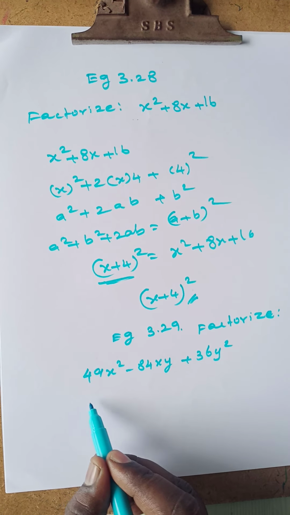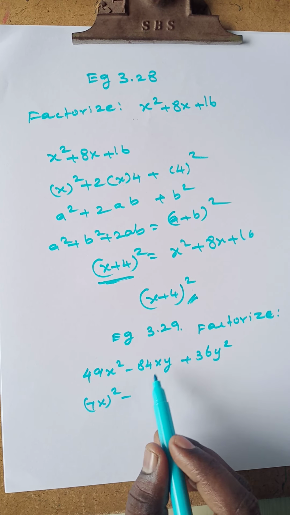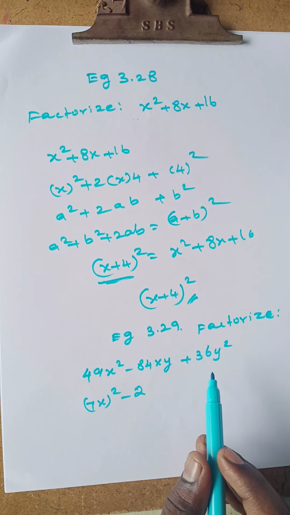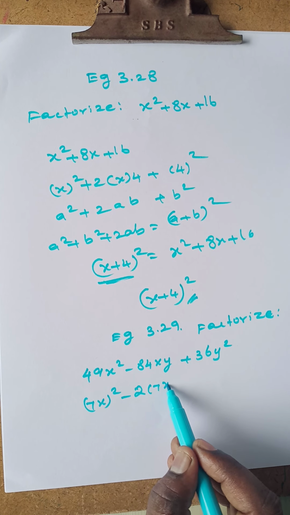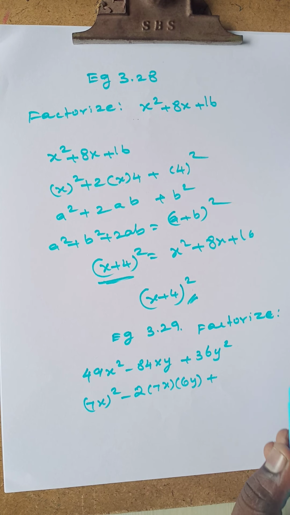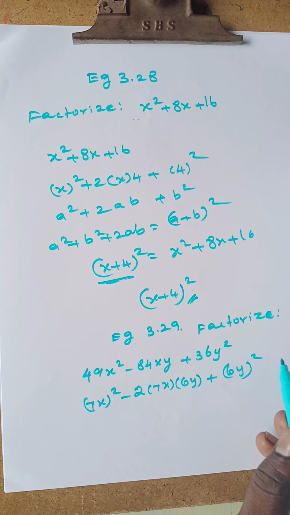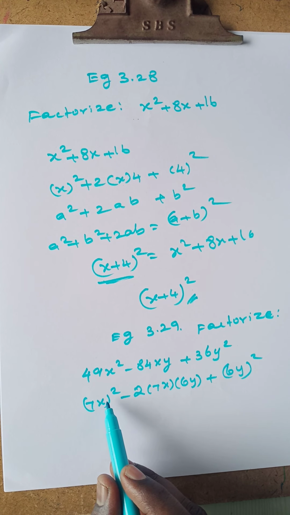We can write 7x the whole square. You can take out 2, therefore 7x into 6y. For this one, 6y the whole square.